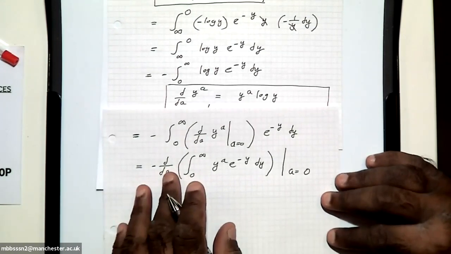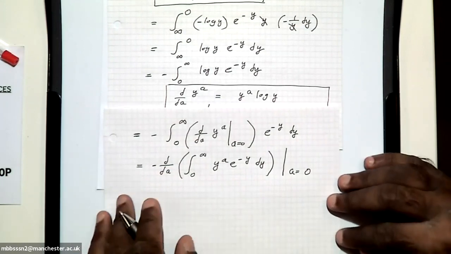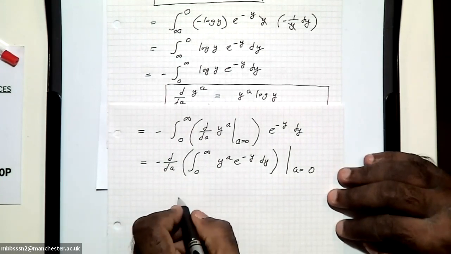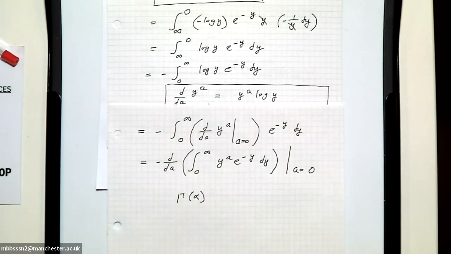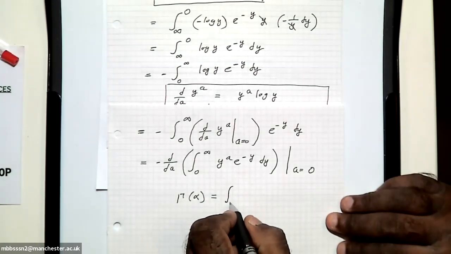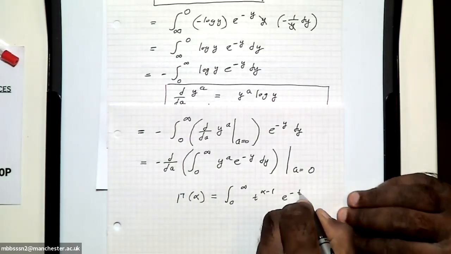Now, finally, you may be familiar with something called the gamma function. Are you familiar? If you're not familiar, I will write down what it is. A gamma function at alpha is defined as the integral of t to the power alpha minus 1 times e to the minus t dt.